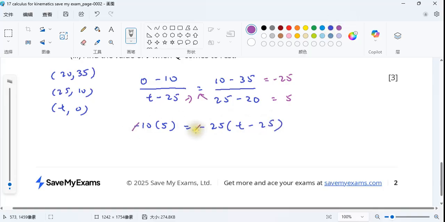Negative, negative cancel. So 5, 5, and then 5, 2. So we have t minus 25 equals 2. t is 27 seconds.